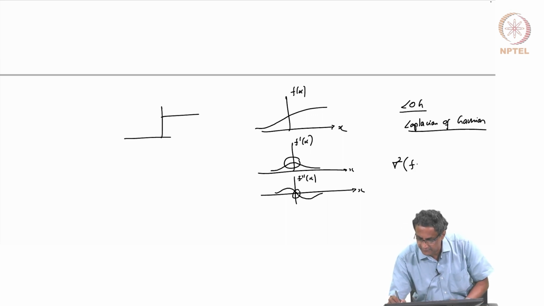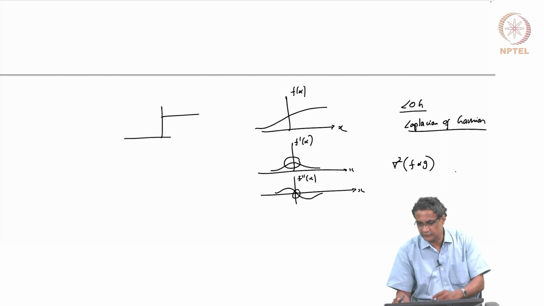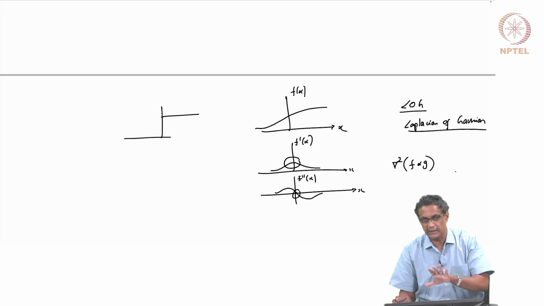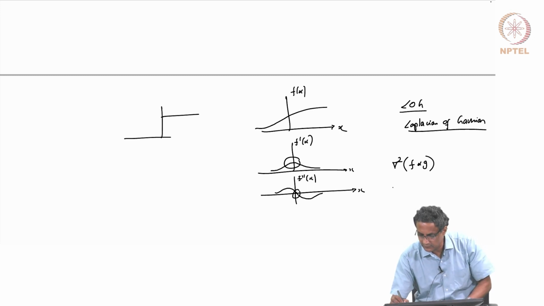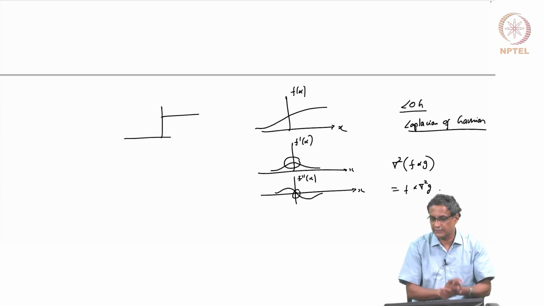So if my image is f, I'll first convolve with a Gaussian G, which smooths it out a little bit. That's like low pass filtering it, and then I apply a Laplacian, because that way I keep the noise under control. But it's straightforward to show that this is the same as f convolved with del square of G, which is a convolution. So all of that will go through.